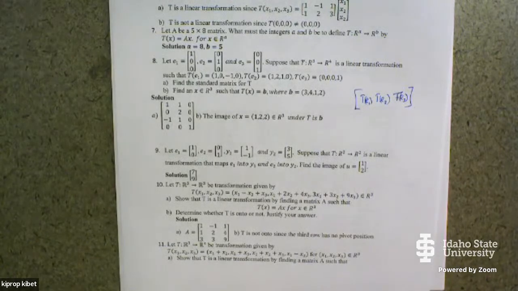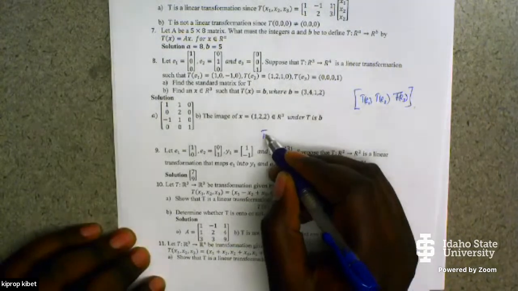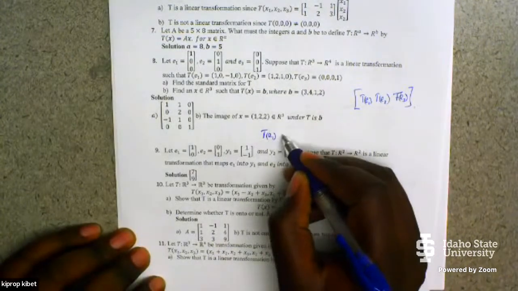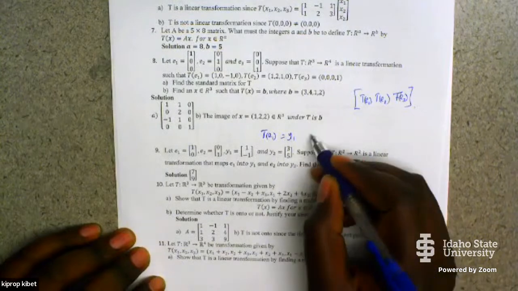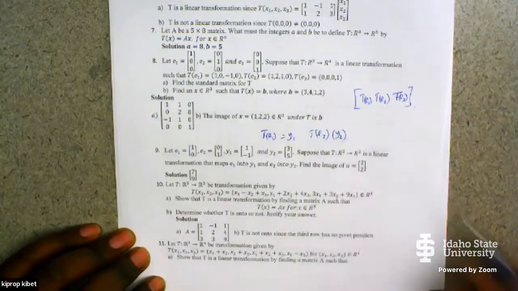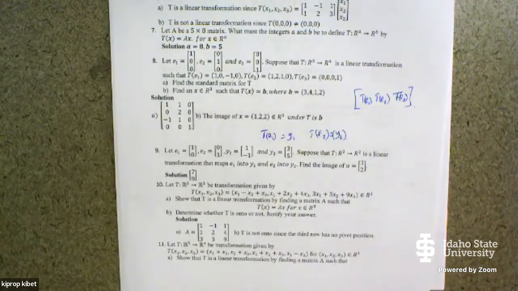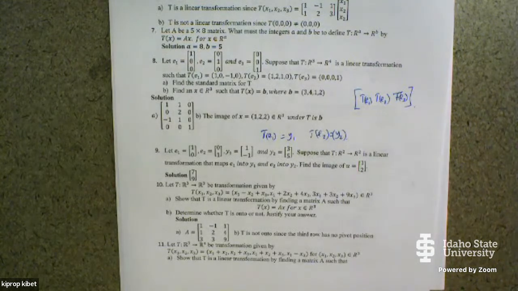So how can you get the values of the image? In this case, you're actually looking for T of E1, and this is the same as Y1. T of E2, and this is the same as Y2. So you substitute there.